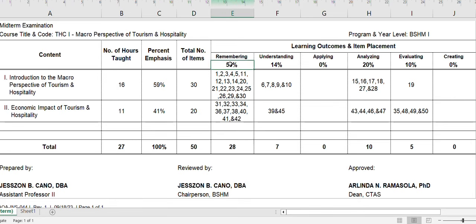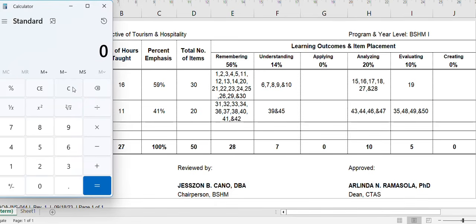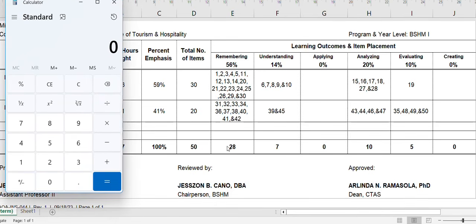Now for the percentage in every part of the learning outcomes, where did I get this 56%? What we are going to do is divide the total number of items in the remembering, which is 28, 28 divided by 50 total number of items. So we have here 56%. So we will put 56% for remembering. We will try one last for understanding.